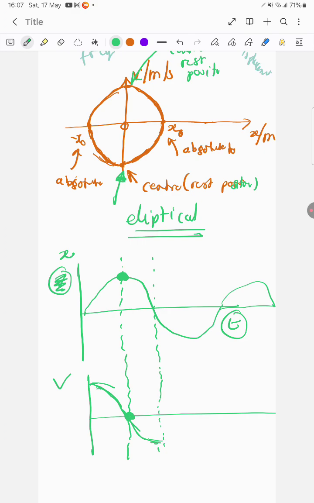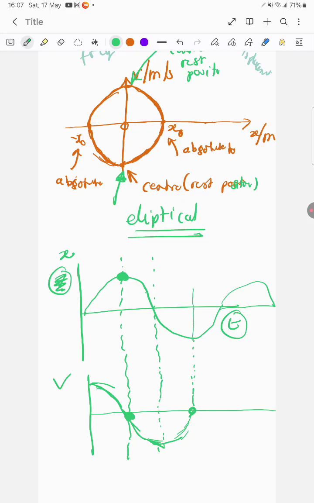Is that making sense? And again, that turning point here should make a 0 point on the v, and so forth.